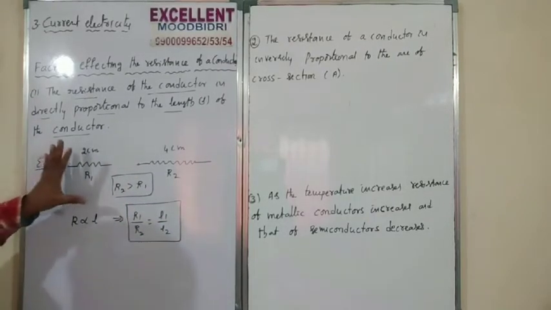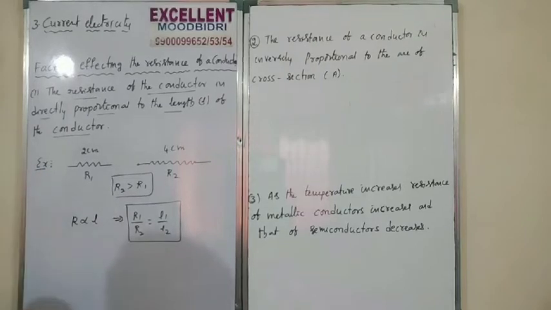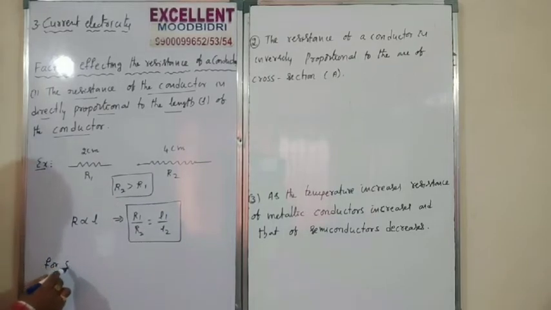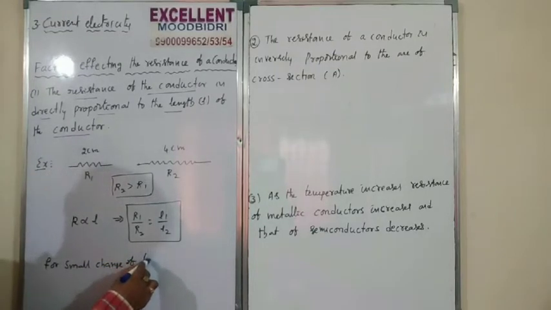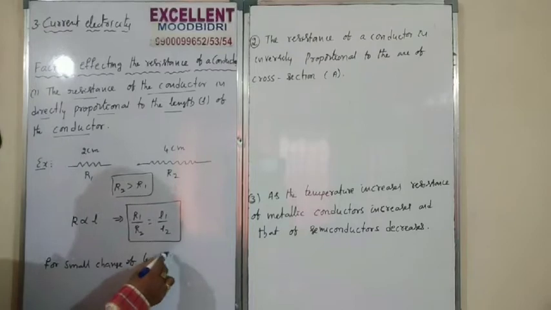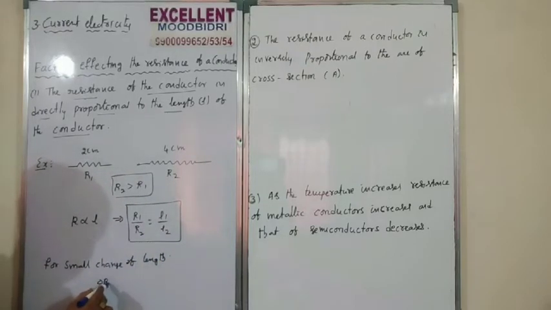Right? First observation we can observe. What is this? Depends on length only. If the length is more, resistance is also more. Alright? Similarly, for small change of length, what is the relation? So, delta R by R is equal to delta L by L. Okay, small change.